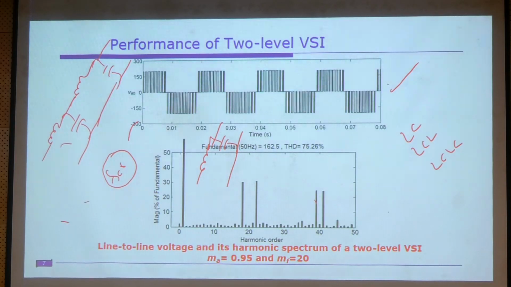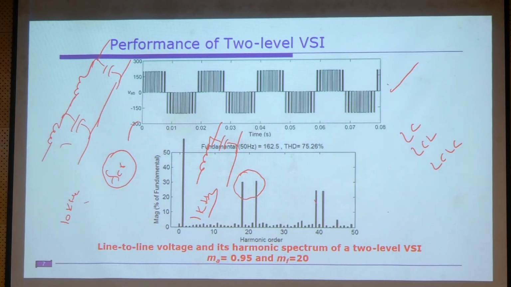For example, if you choose 10 kilohertz, the resonant frequency is supposed to be 1 kilohertz. By doing this, we can suppress these harmonics by 100 times. So that is the basic criterion.